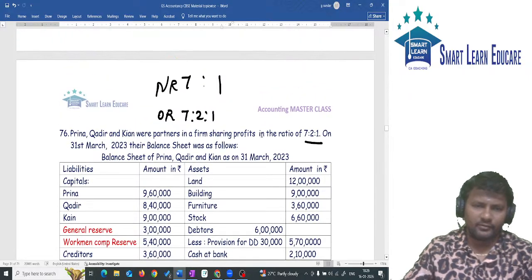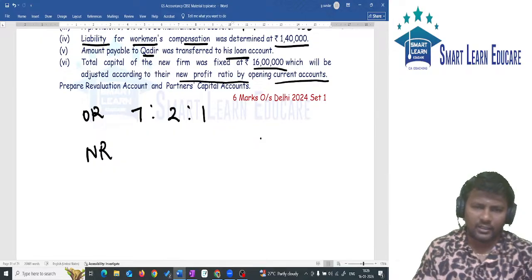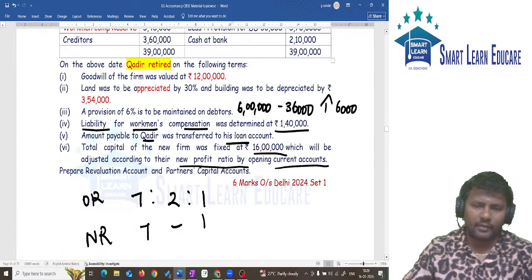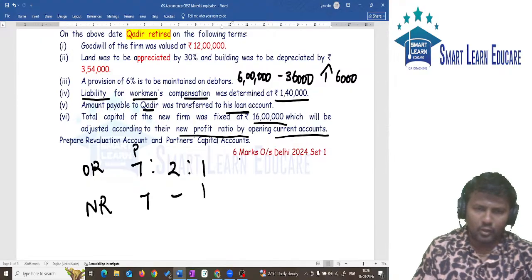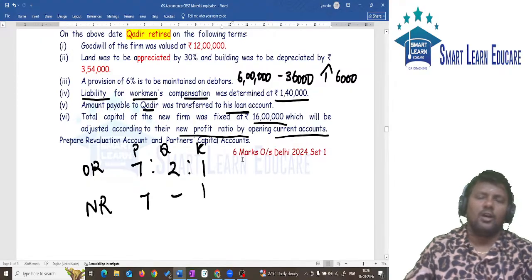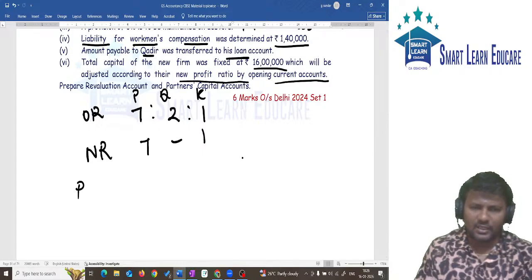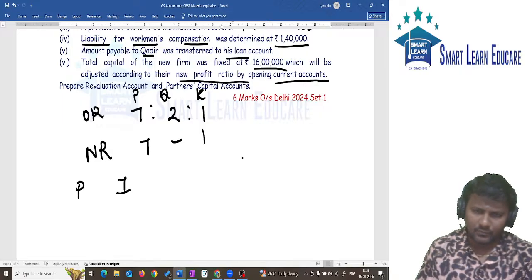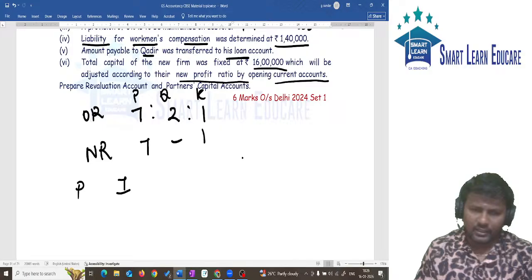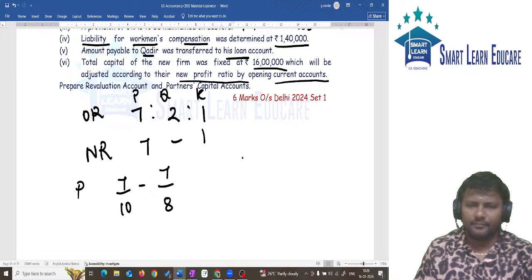Who retired? Q retired, the second partner. The new ratio is 7:1 among P and K. Now calculate the sacrifice of the first partner P: 7/10 minus 7/8.